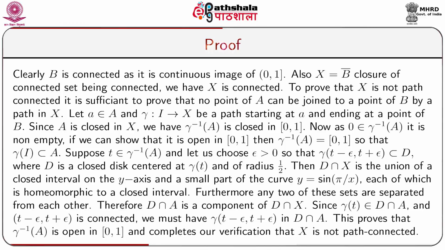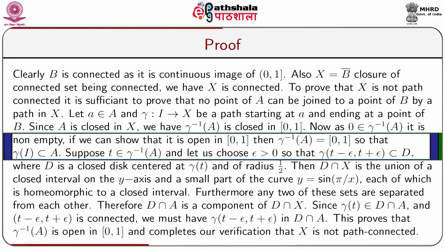Since A is a closed set in X, we have gamma inverse of A is closed in the closed unit interval [0, 1]. Now as 0 belongs to gamma inverse of A, it is non-empty.